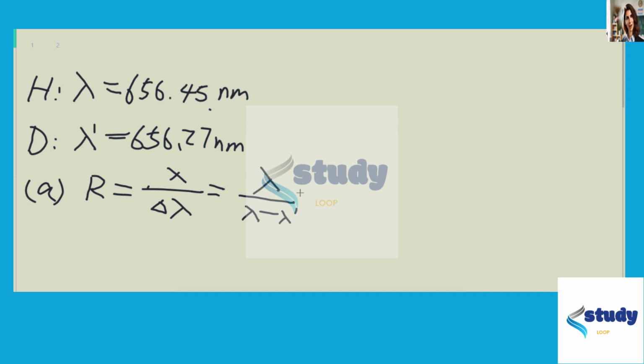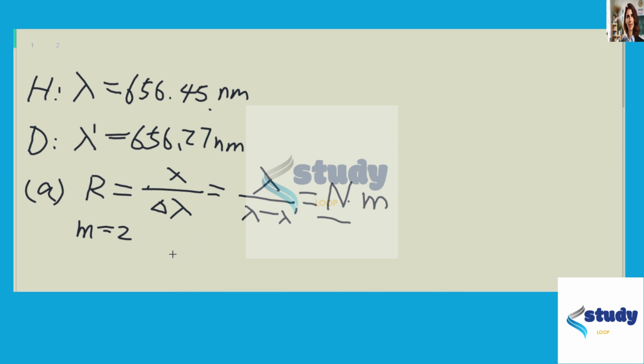R also equals N times m. Here we need to interpret N and m. m is just the order of our maxima. For example, here we are asking for the second order, so m equals 2 in our case. And N is the one we want to calculate, the number of slits on the grating.